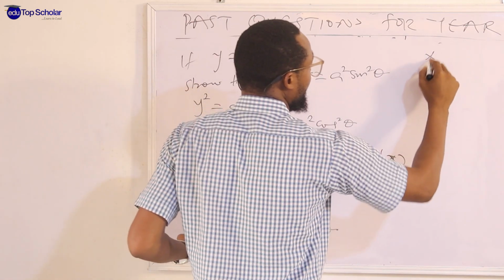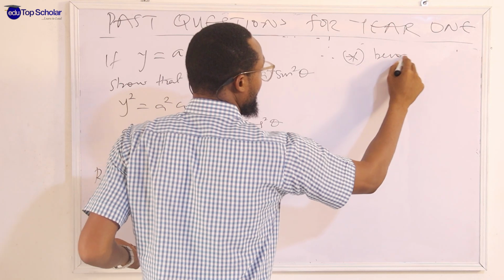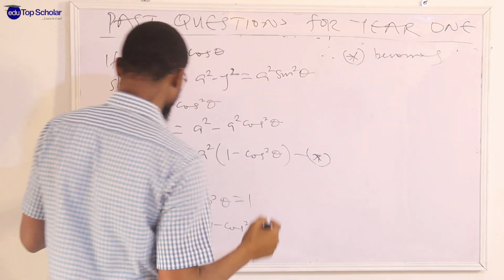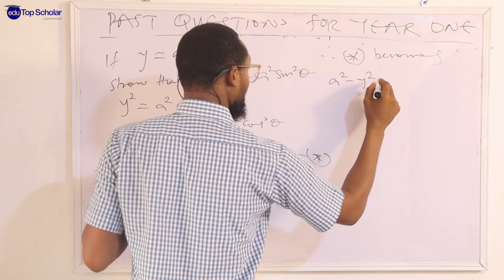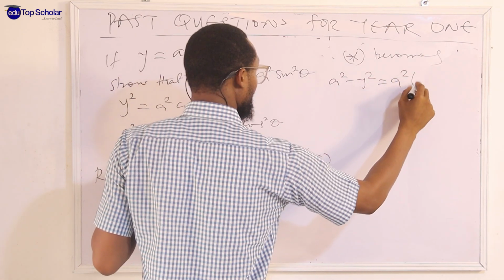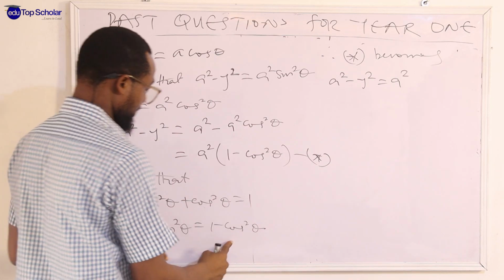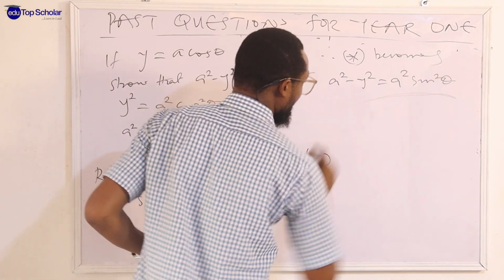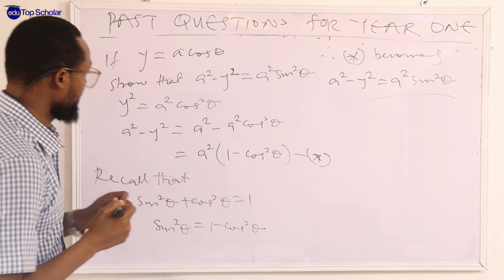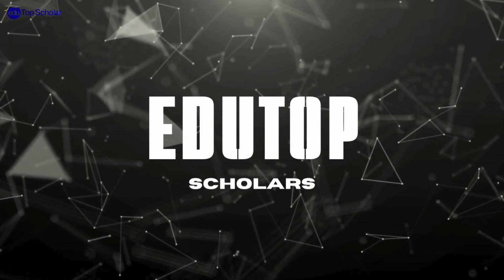Therefore, equation star becomes a squared minus y squared equals a squared multiplied by 1 minus cos squared theta, which is now equal to a squared sine squared theta, which is the required solution.